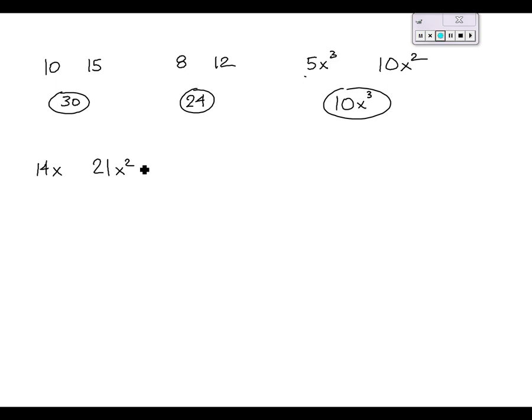We're looking for a number that both things divide into evenly. So we need something that 14x and 21x squared both divide into evenly. 7. This is a tricky one. No, 14x doesn't divide evenly into the number 7. No, 14x doesn't divide into 7x evenly.